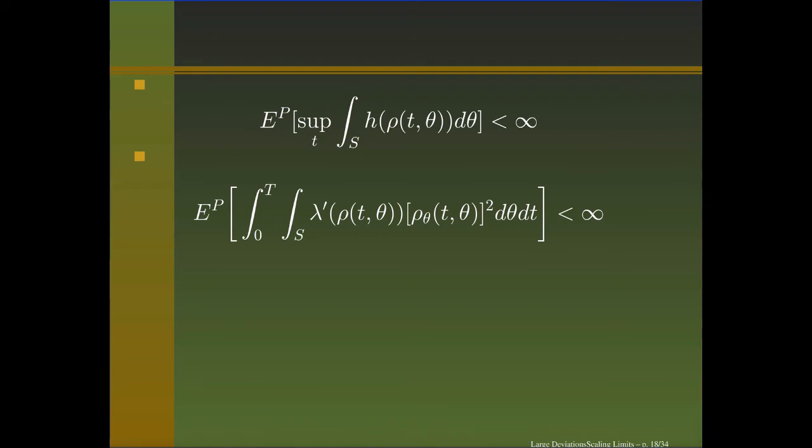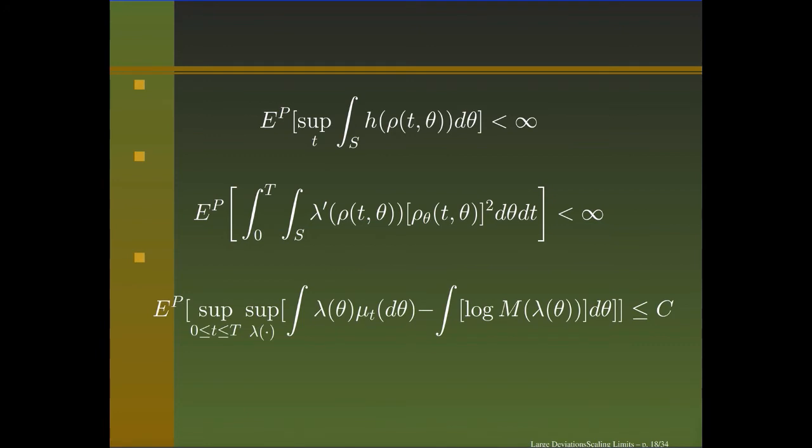You need to show that on the average, the macroscopic entropy, the supremum of that over all t, is uniformly bounded.